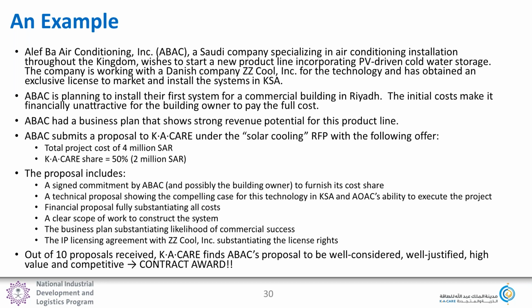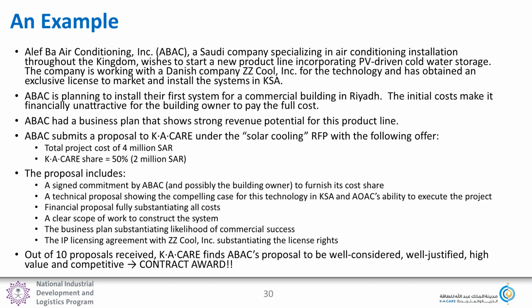And as an example, the solar cooling topic allows a maximum KCARE share of 5 million. In this particular example, let's say the total project cost is 4 million, and ABAC is going to ask for half of that from KCARE. So the KCARE share is 2 million, ABAC's share is 2 million, total project cost of 4 million.